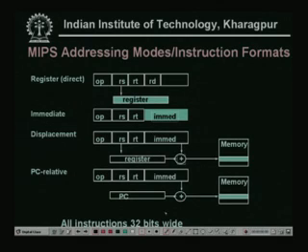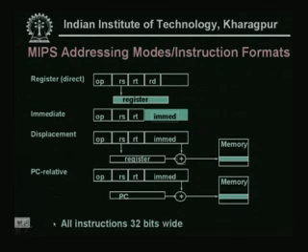Here the immediate is not the data, but the immediate gives the offset value, the address offset. Now, PC relative, that is the program counter and the immediate value, and it always gives the memory location, and here all instructions are 32-bit wide.